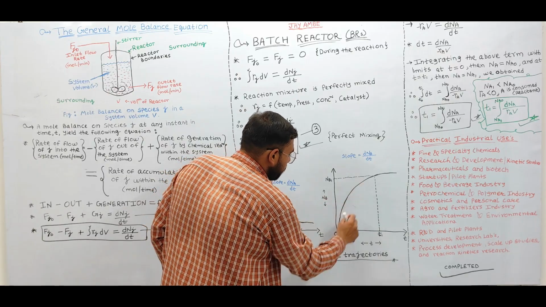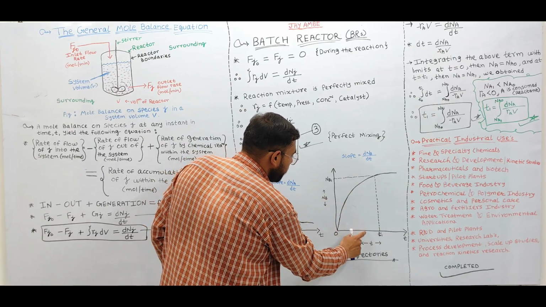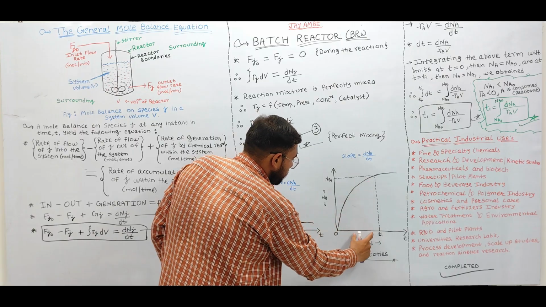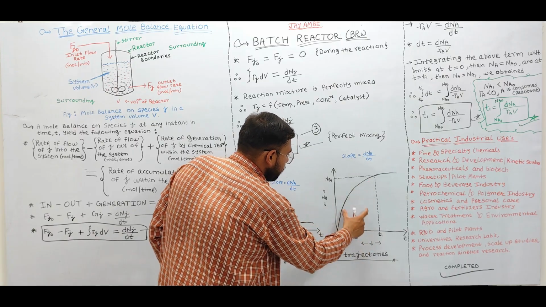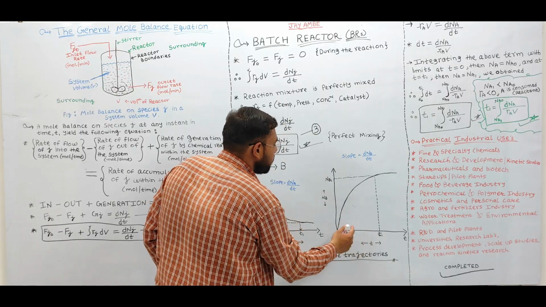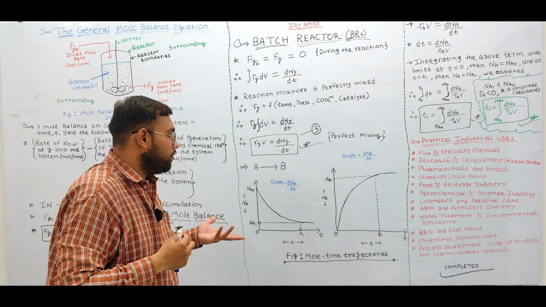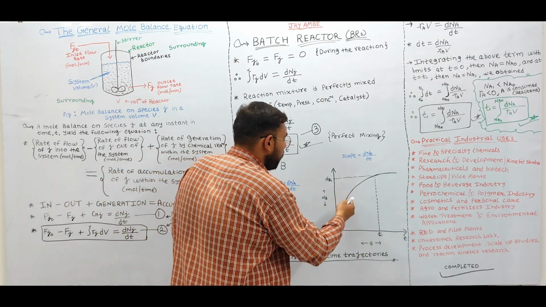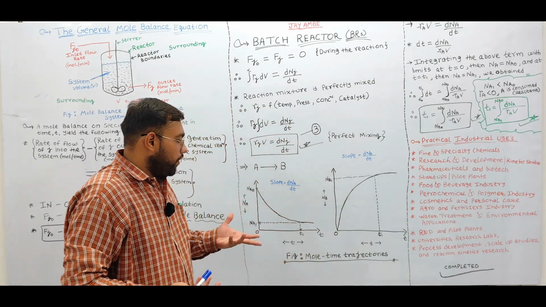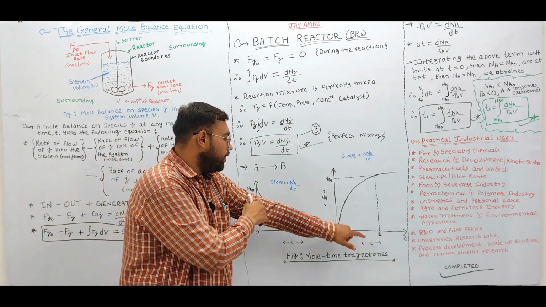So let's say from time t is equal to 0 up to time t, from here to here, we can analyze that we have the steepest slope.